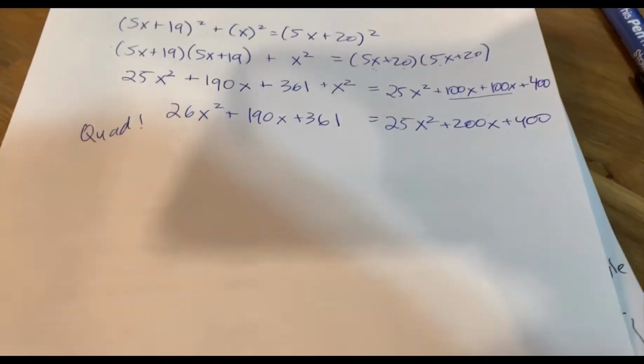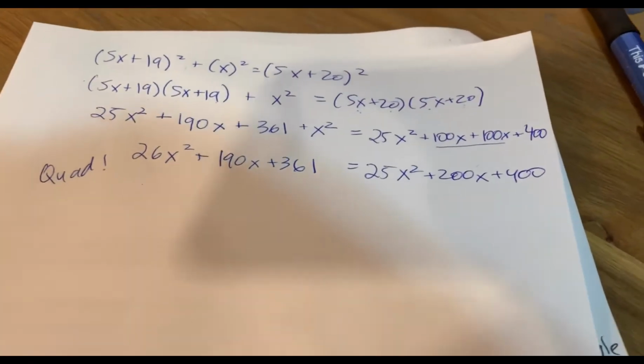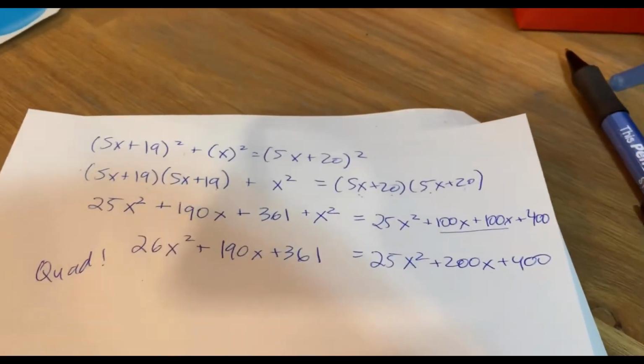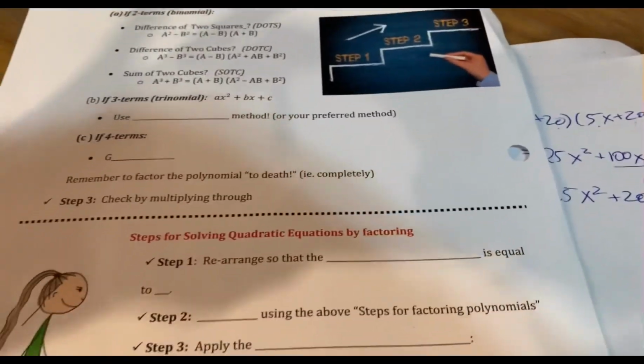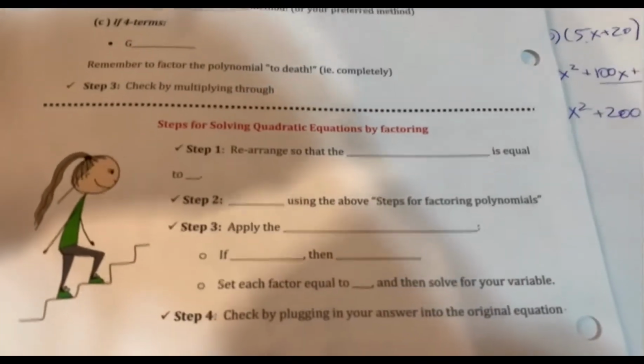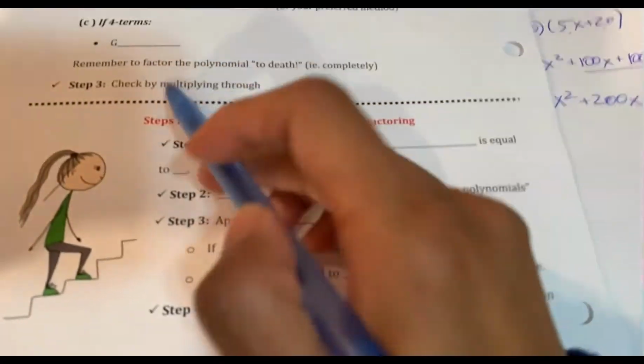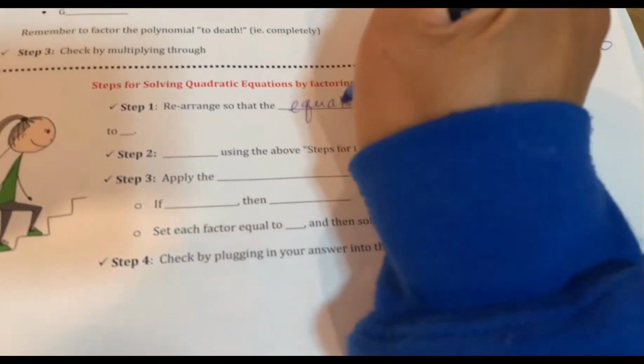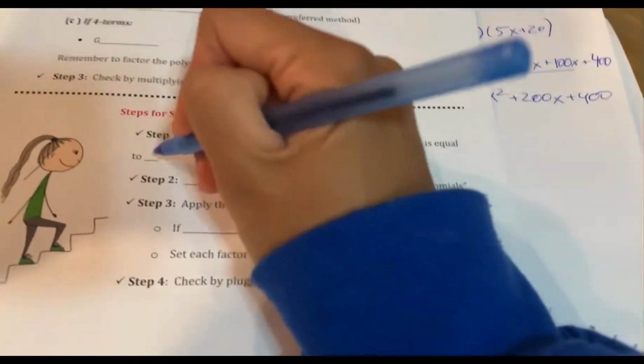So since it's a quadratic, I'm going to use the steps from my factoring worksheet that I showed you before of how to solve a quadratic. So here's that worksheet. The steps for solving a quadratic: first, rearrange so that the equation is equal to 0, right?